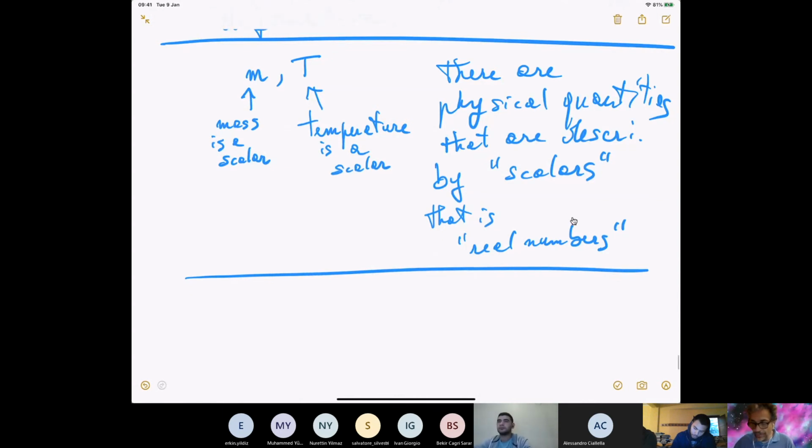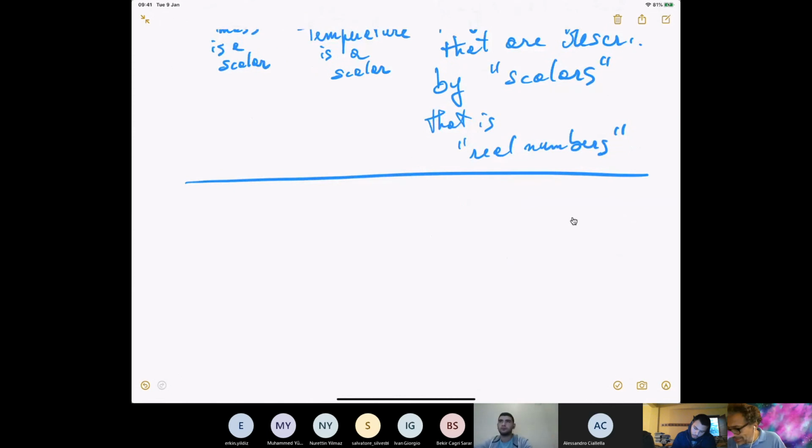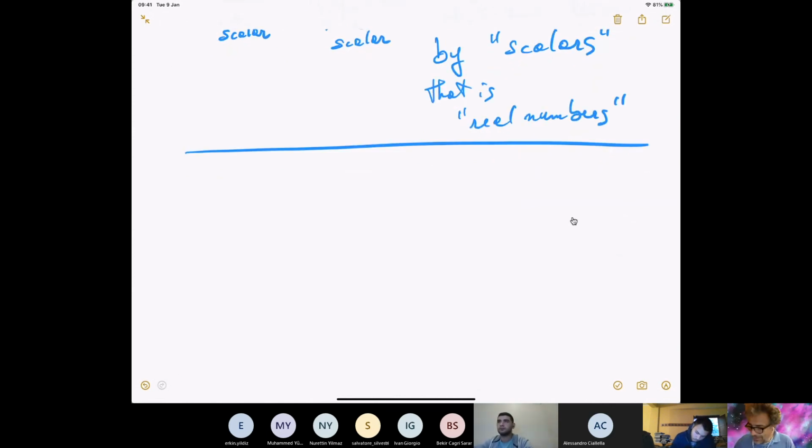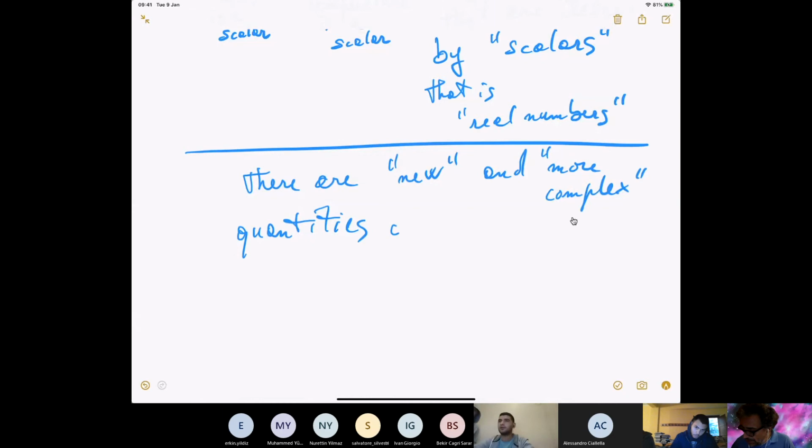Then I'm sure that in physics, they told you that there are new and more complicated quantities described by vectors.